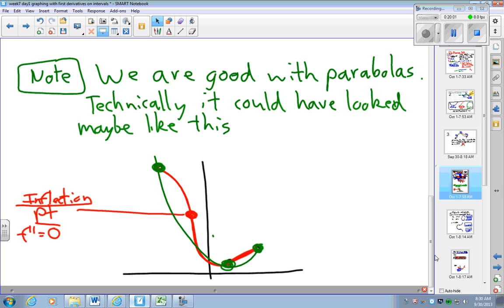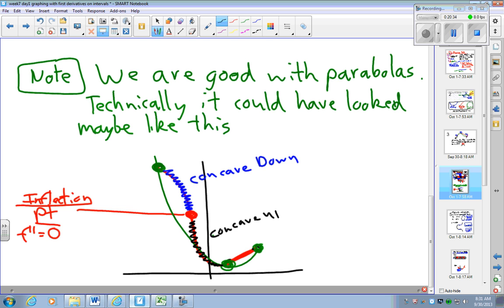But what is it to say that I could have bent it a little bit different on the way down and made it a little bit more like an Elitch's or Waterworld slide? And on that part, you would notice that this here is concave down. And then this part here, all the way to there, is concave up.